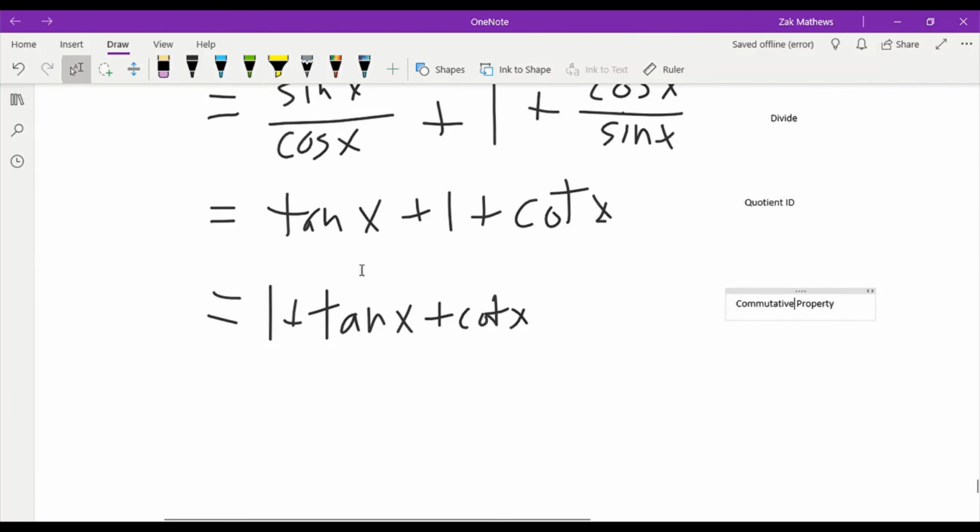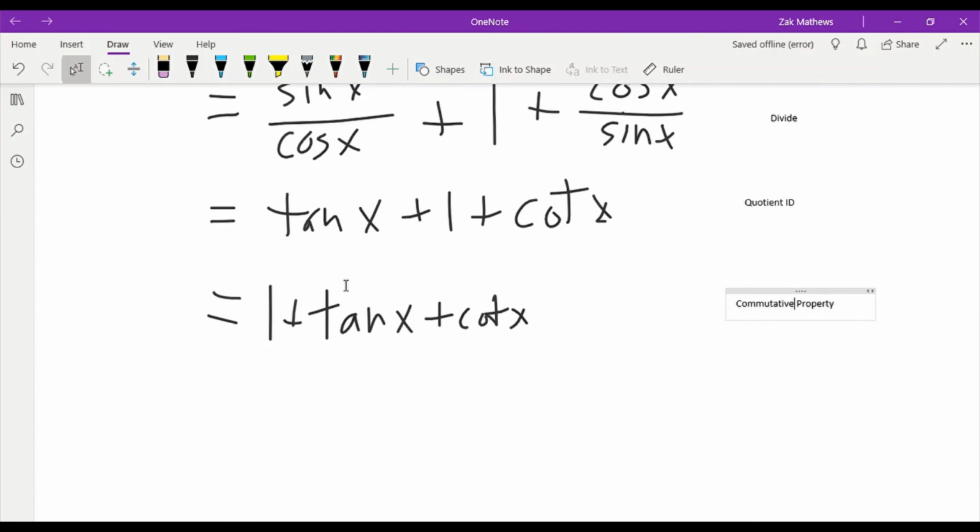A lot of times I see that negatives will kind of suddenly switch positions. So for instance, it may have been 1 minus tangent, it should have been tangent minus 1. Those two things don't just magically switch. Here, because we have all addition, that is why we're allowed to switch these. So I do want to see that you're using some sort of mathematical principle to rewrite to have exactly what we're looking for.